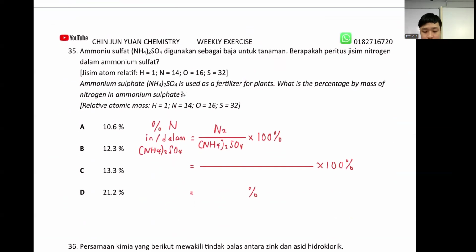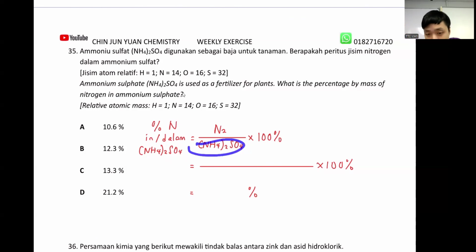35. Ammonium sulfate, the formula (NH4)2SO4, is used as a fertilizer. What is the percentage by mass of nitrogen in ammonium sulfate? Now this one is very easy also. The formula means you want to find how much nitrogen mass is in this formula, as a percentage.